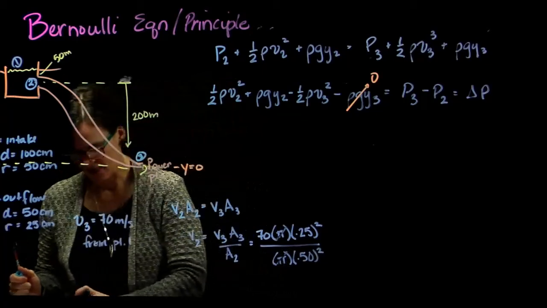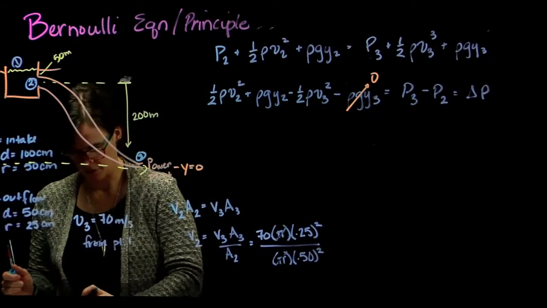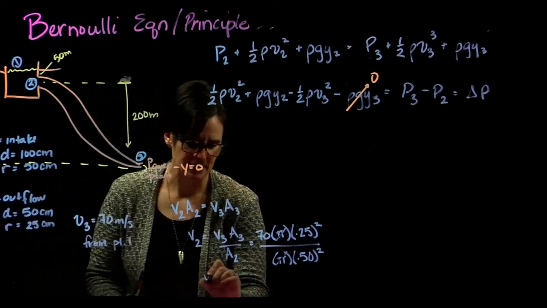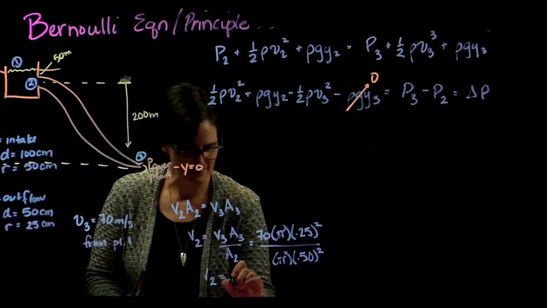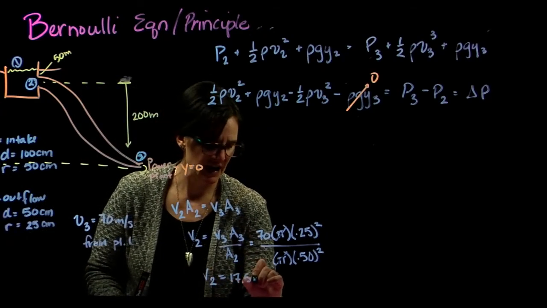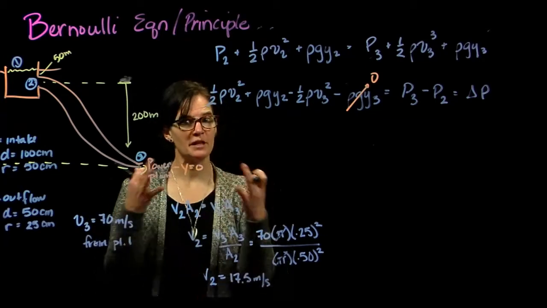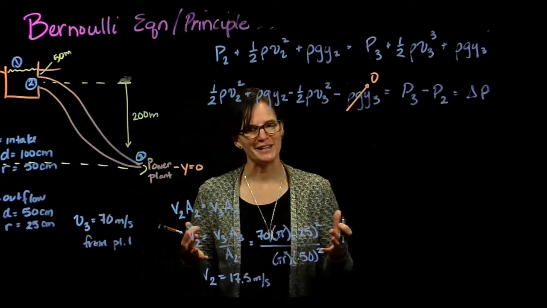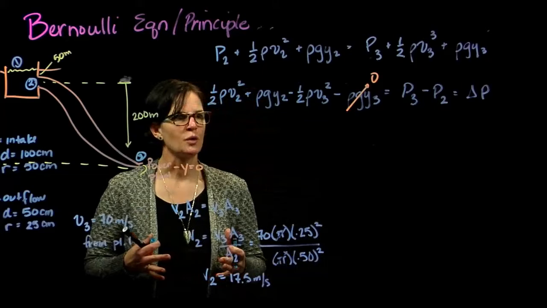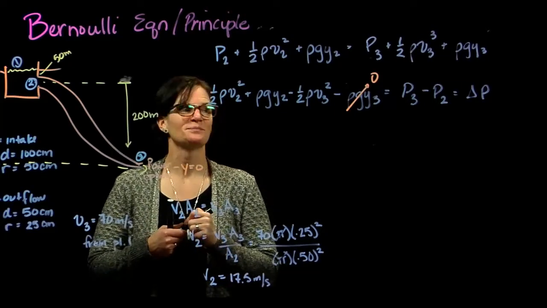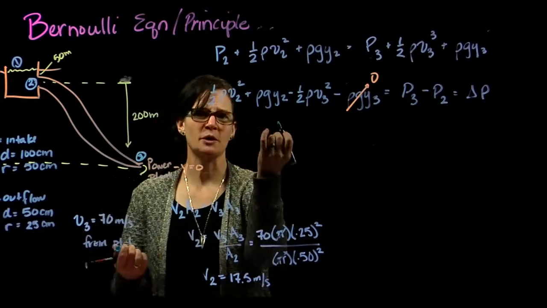And we have 70 times 0.25 squared divided by 0.5 squared, and we get the speed at 2 equal to 17.5 meters per second. So using the equation of continuity, remember these principles work together. It's all about fluid dynamics and fluid flow. So now we can plug our numbers in to solve for the change in pressure, or the pressure difference.